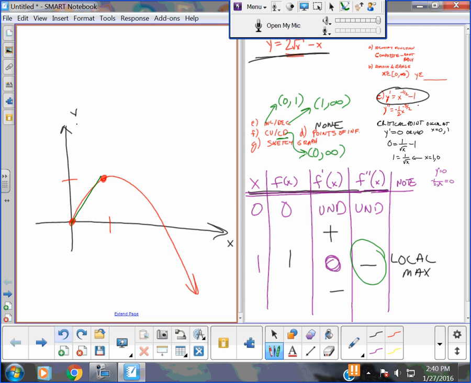Increasing from 0 to 1, decreasing from 1 to positive infinity, 0 going to the right. 0 to infinity. It goes to negative infinity, but we're talking about the interval, the x domain.